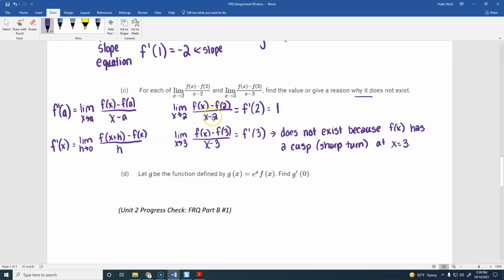You need to write this down because this isn't actually work. It's just showing the grader that you recognize that this limit equals the derivative at that point. So it's not actual work that you're doing, but you're showing the grader that you know what that is, and then you're going to look at the graph for it.